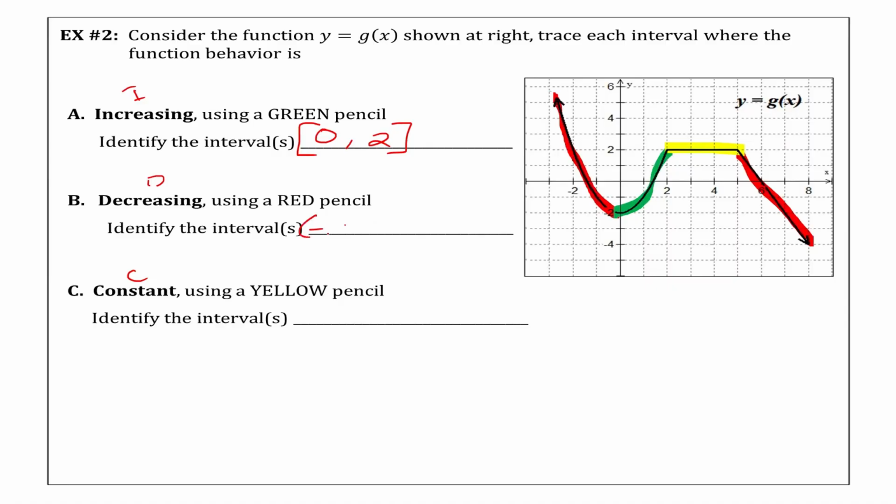So we're going to go from negative infinity to 0. Our second interval of decrease is going to go from 5 to positive infinity. How do we do? And then our little happy little constant is from 2 to 5.